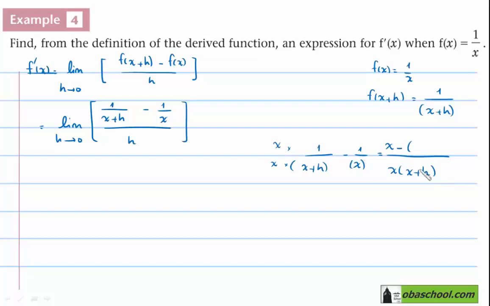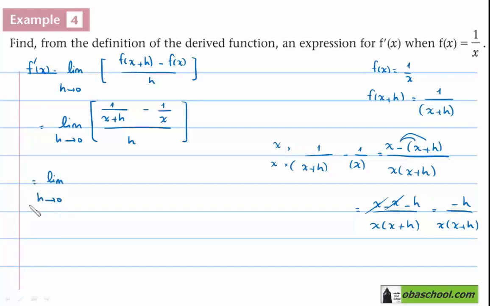Then it will be x minus x plus h divided by x multiplied by x plus h. This is equal to x minus x minus h, all divided by x into x plus h. We can cancel x minus x because they are equal to 0. Then the remaining is minus h divided by x multiplied by x plus h.